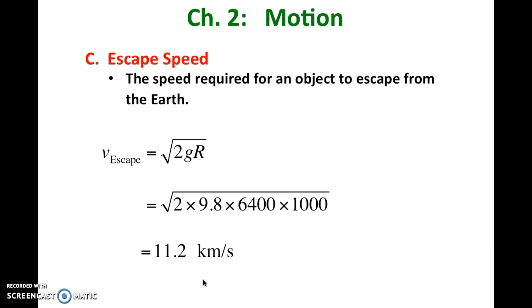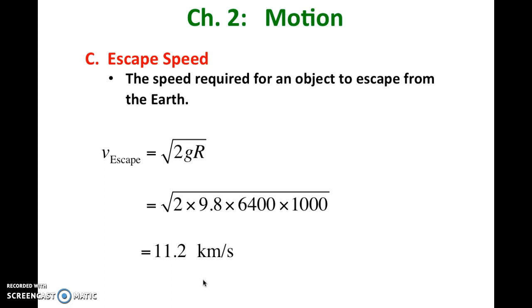Escape speed is equal to the square root of 2 times the orbital speed, the square root of 2gr, which is equal to 11.2 kilometers per second.